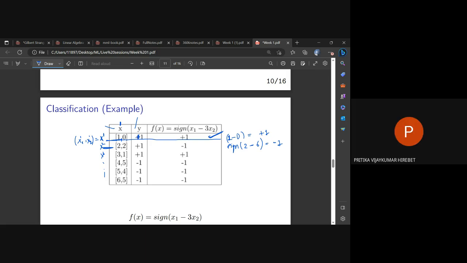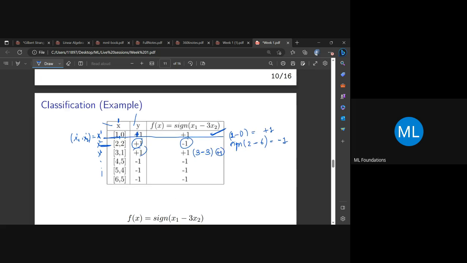Okay, ma'am. So here we got the sign to be -1, but it doesn't match the label +1, right? Again, look at x3. In x3, you have 3 minus 3, which is 0. So again, it is positive. So it is +1, and it matches with your y.